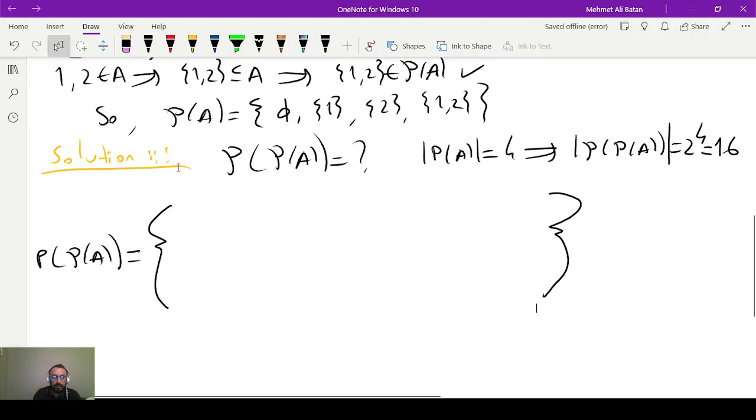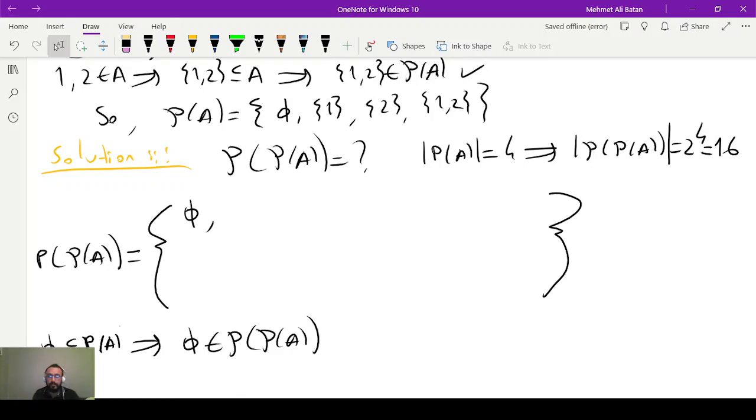First of all, clearly the empty set is a subset of the power set of A, right? So this implies the empty set is in the power set of A. Let me write the first element and observe that 1 is in the power set of A. You can check here.